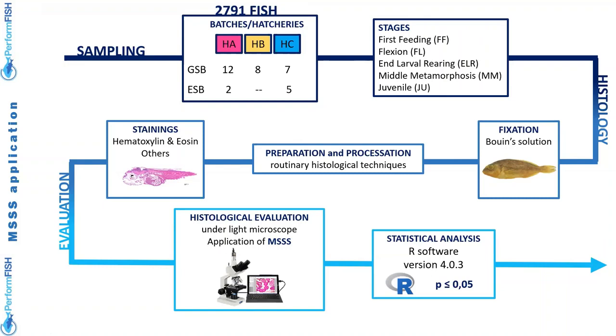For the application of the semi-quantitative scoring system, we always use the slide stained with hematoxylin and eosin, but of course we also use other staining in some cases to confirm some particular histological configuration.